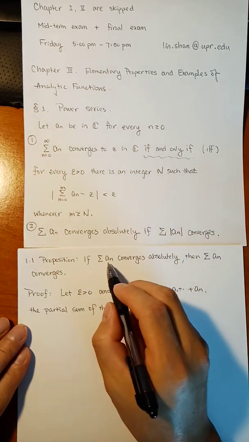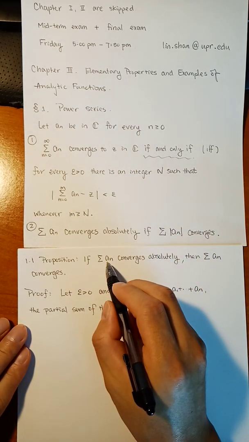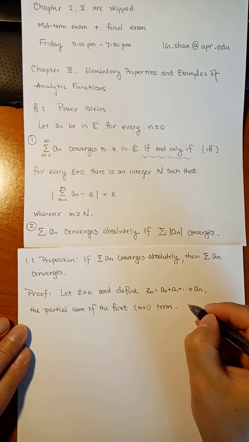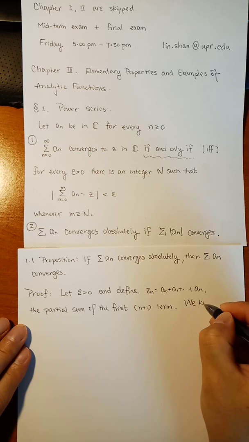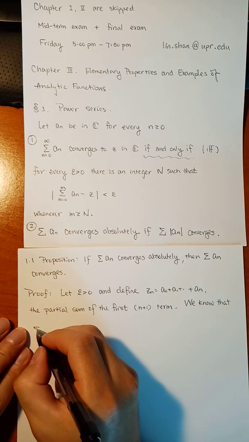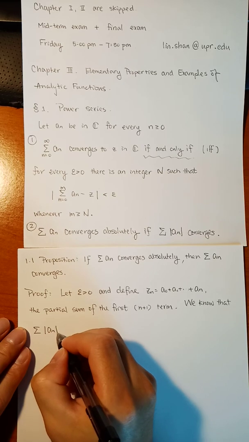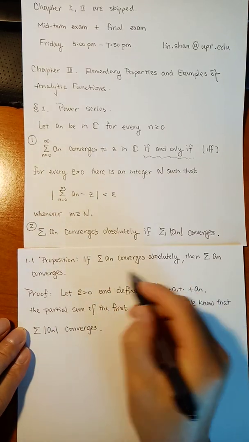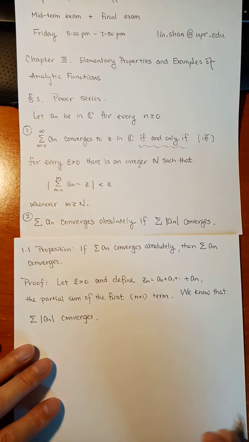Now let's see. We know that the series an converges absolutely. In other words, we know that the series of absolute value of an converges. This is exactly the meaning of absolute convergence.